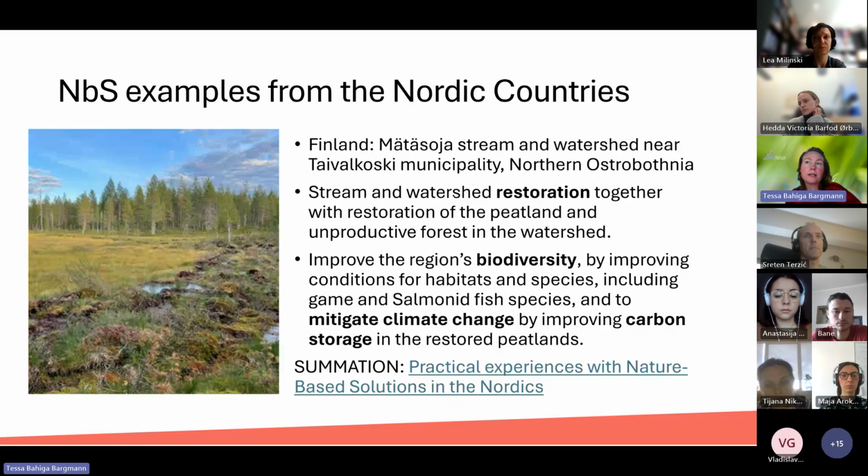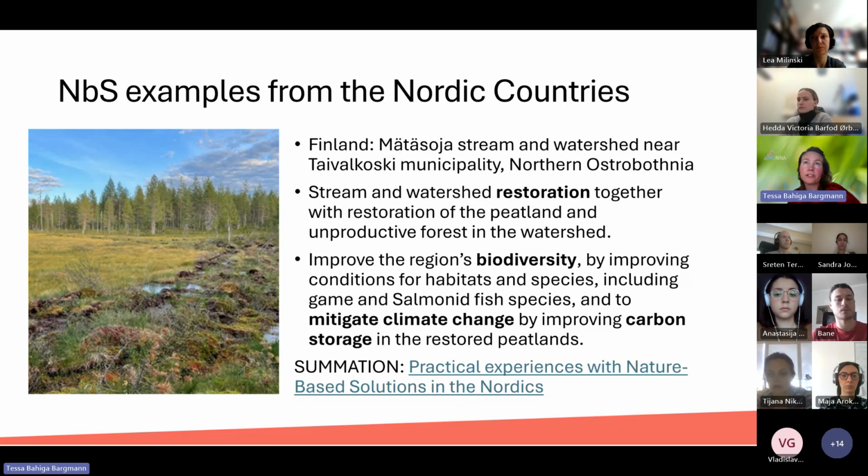Then I've chosen some examples from one of the Nordic projects. There are 4 examples in total. These are just to highlight basically different ideas, things that have been done. So one of them is from Finland, and this one's a project on watershed restoration, and here they're focusing on biodiversity improvement and also carbon storage, so to address and mitigate climate change.